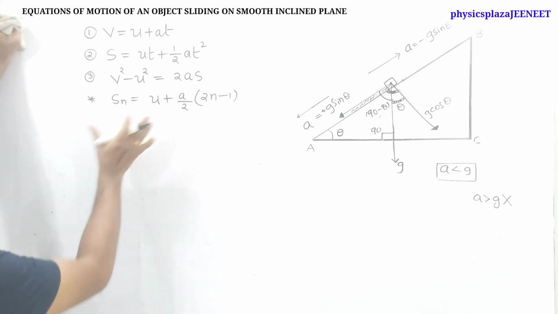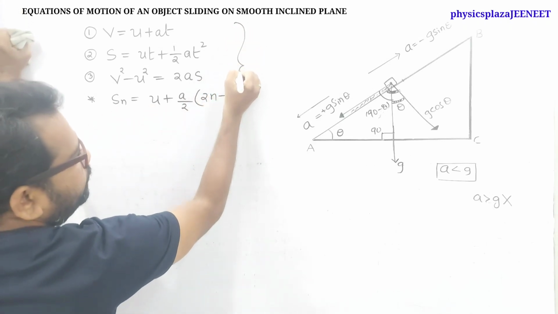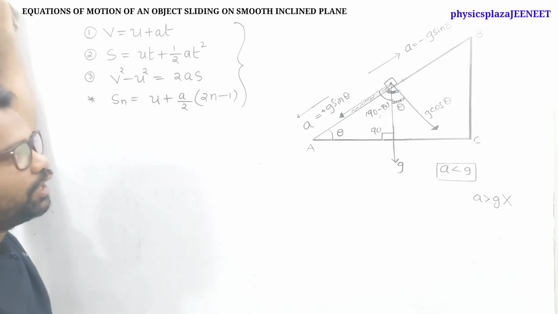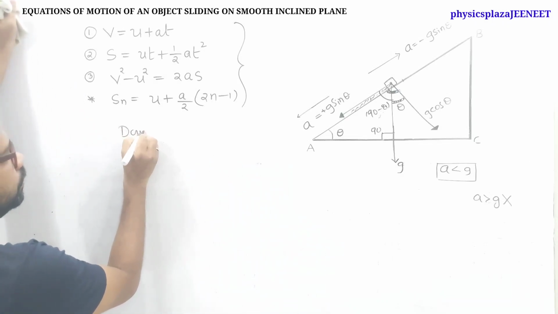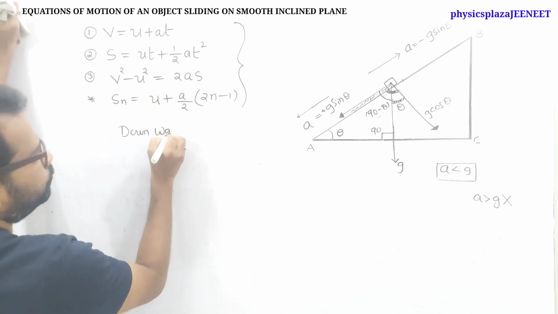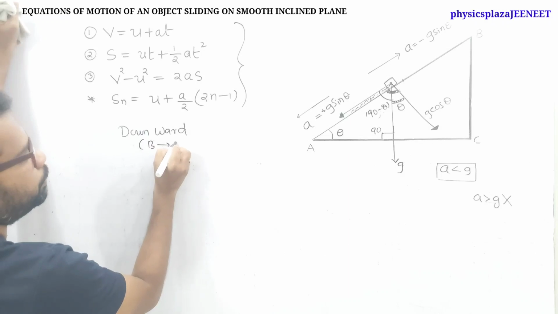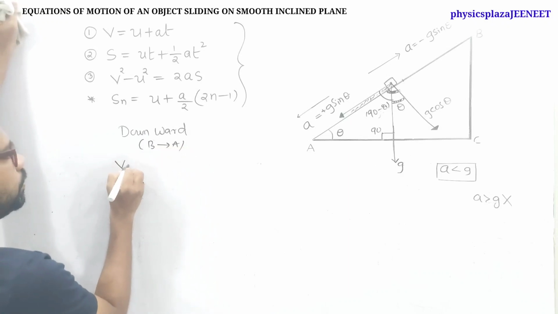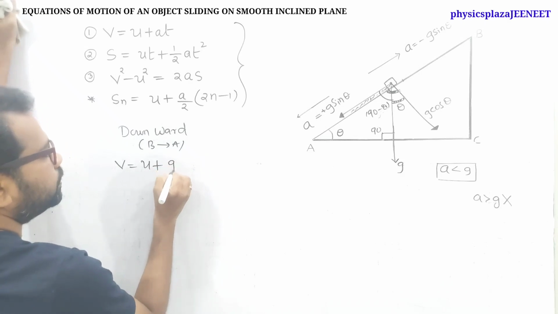Now let us write here, children. We know these equations of motion, which we already derived and discussed. Let us write for a downward journey, I mean B to A. Then V is equal to U plus G sin theta into T, in the place of a we just put G sin theta.